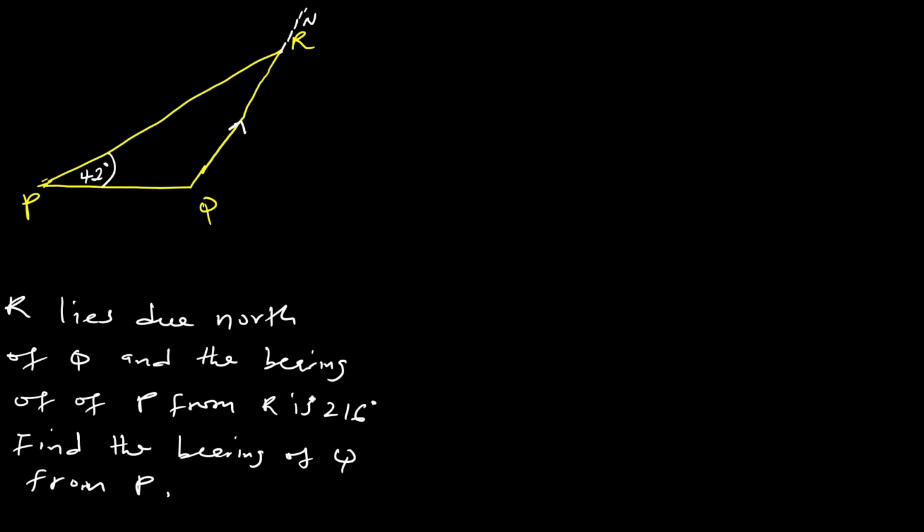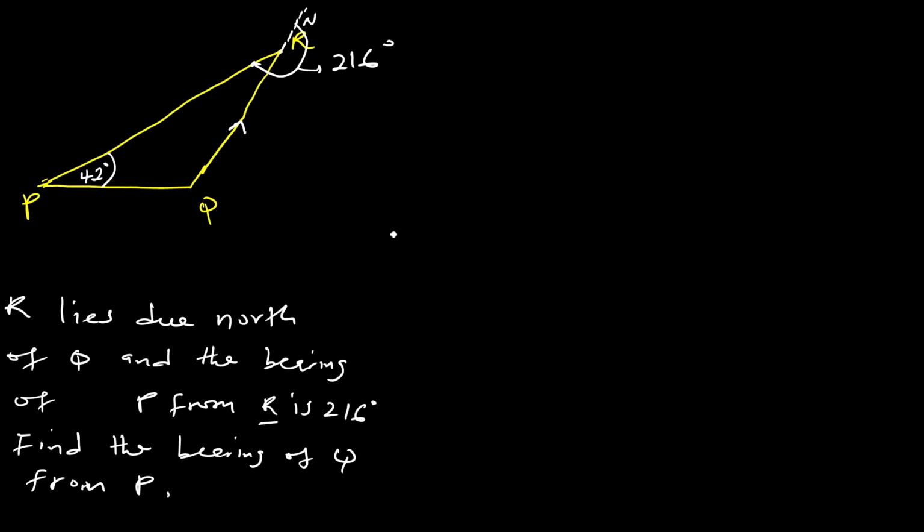So the question says the bearing of P from R. So R is the starting point. It is 216. So when we measure from the north here of R to line P, this side is 216 degrees.